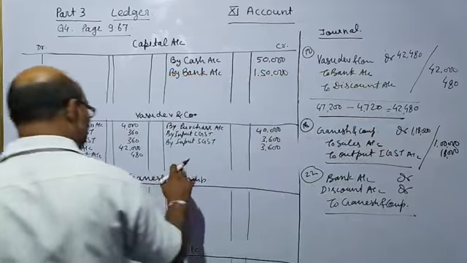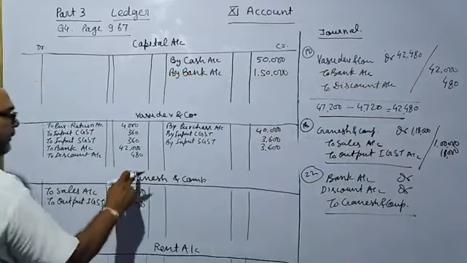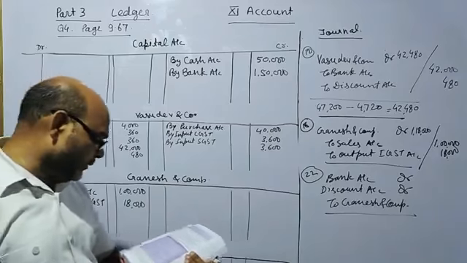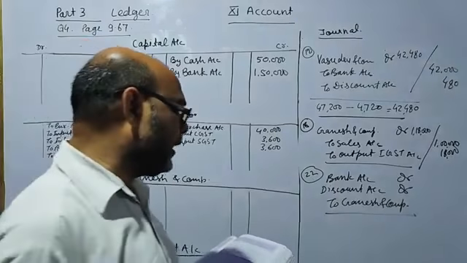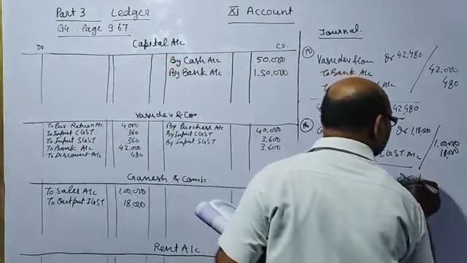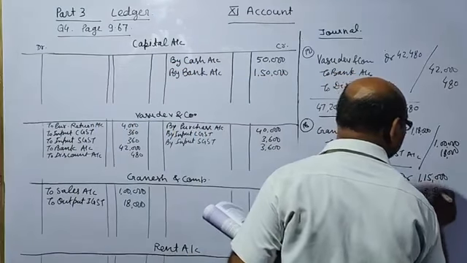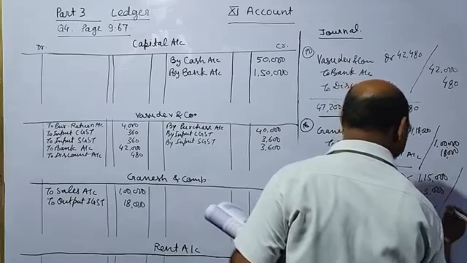Now total amount on Ganesh and Company was 1,18,000, but you have received from Ganesh and Company only 1,15,000. Finally, you have received only 1,15,000, so 3,000 will be considered as a discount.